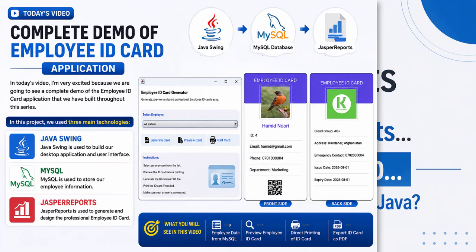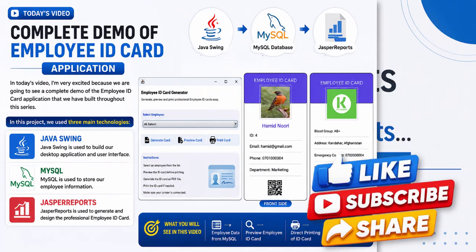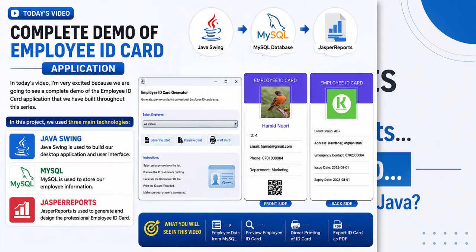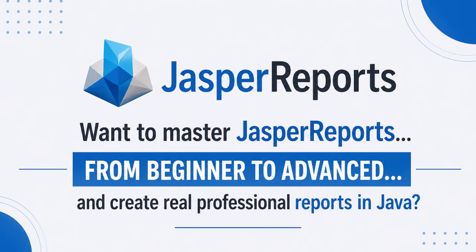MySQL database is used to store and manage our employee information, and JasperReports is used to generate and design the professional employee ID card. So, instead of explaining the code today, I am going to show you how the complete application works from beginning to end. Let's get started.